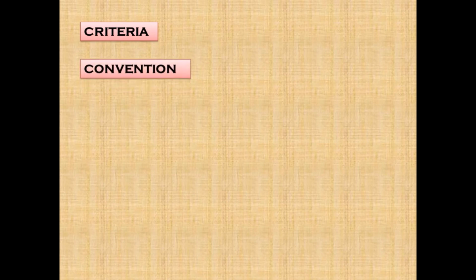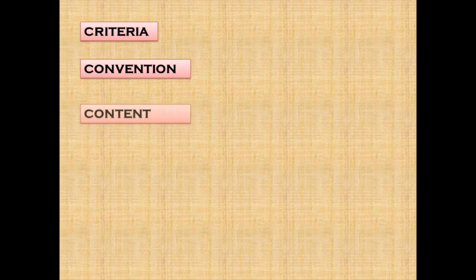Upon writing your character analysis, there are several things that you need to consider. The first one is convention, which refers to your spelling, grammar, capitalization, and proper punctuation mark.